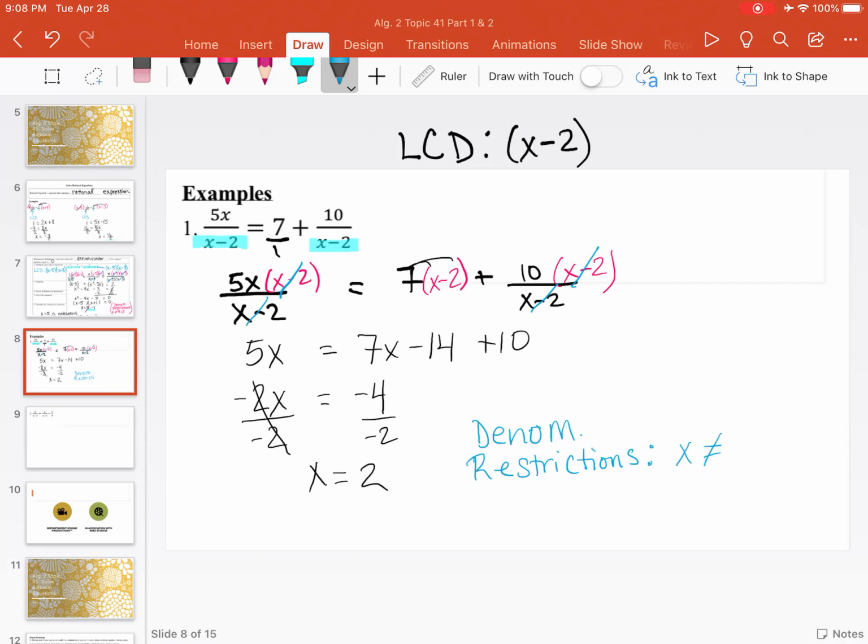So x can't equal 2. However, that's the only option we have here. So because that does not work, and because this 2 is extraneous, then we would just say that there is no solution. There is no possible value for x that would make the statement above true.